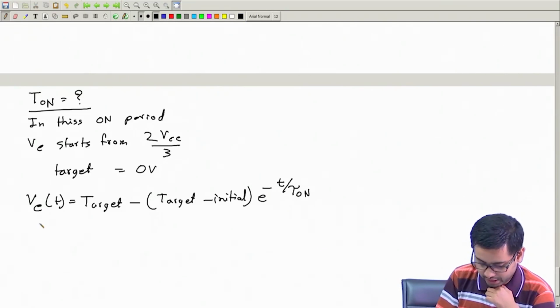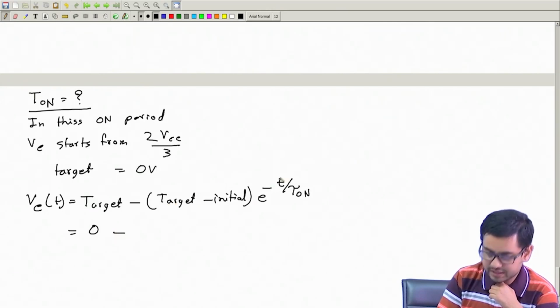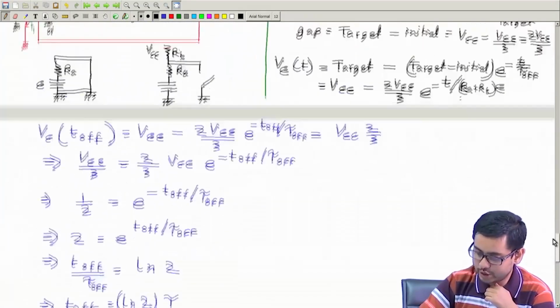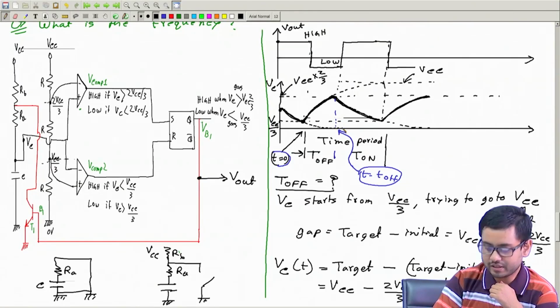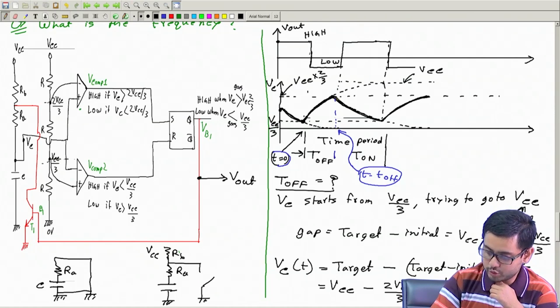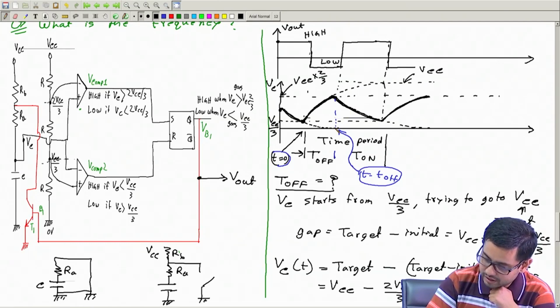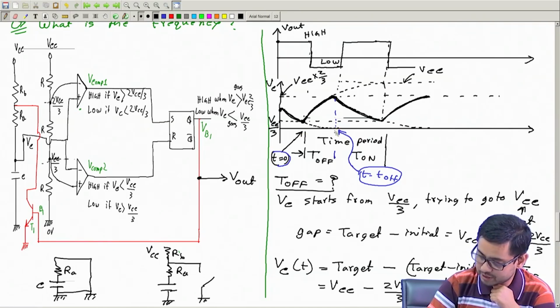Okay. So let us put the values. Target value is 0 and this t is actually the time measured from this moment. So I am re-initializing the time to 0 here to do the estimation, or if you do not like that, if you still want to keep this as the origin for time, then let me subtract this previous value t off.